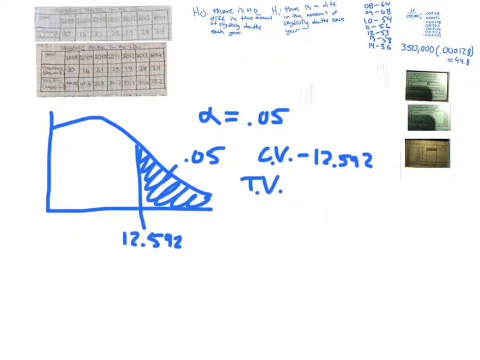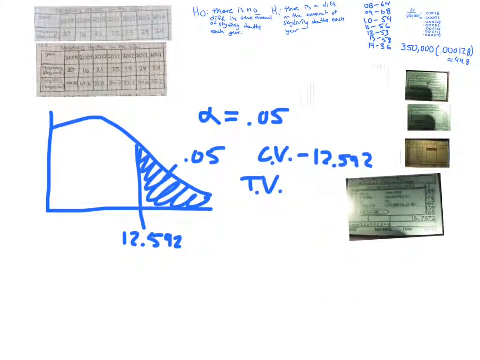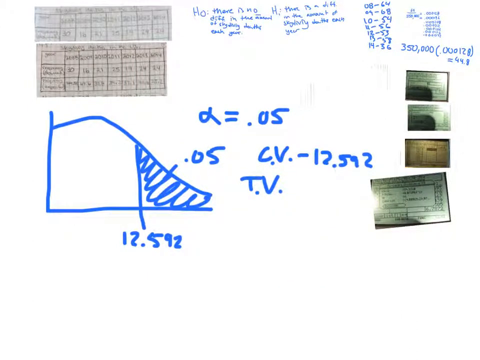Then once you hit enter, you'll go to F6 and then 7, chi-square goodness of fit test, and then hit enter. Look like this. So we found that our test value is 54.153. So it's clearly in the critical region, so we reject.